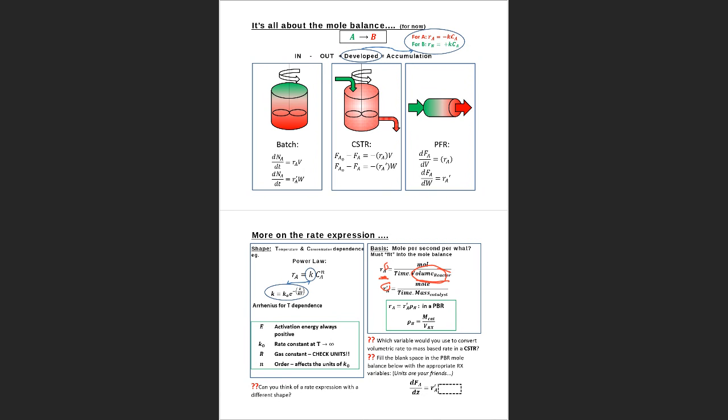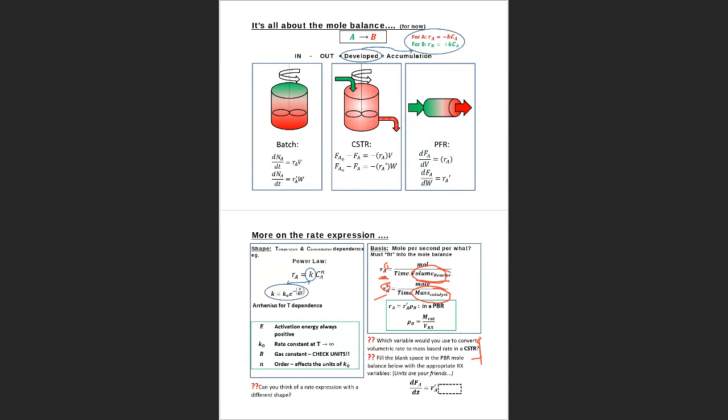And when we have a little dash there, we want to calculate it per kilogram catalyst. So this is per kilogram catalyst that I have in my reactor. Are you used to that format of writing the rate equation? Just a few yeses or nos, please. Yes, right. So you're familiar with that.